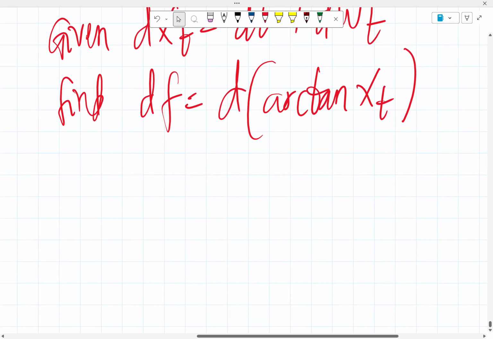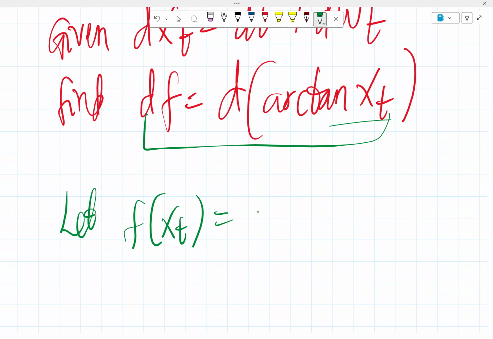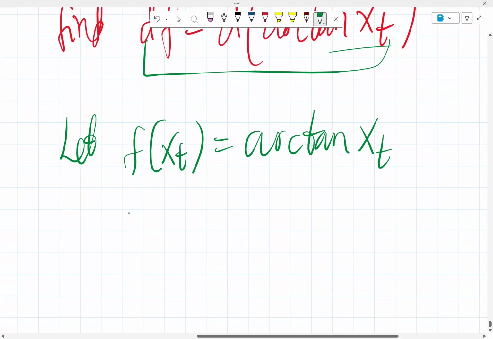So I just go ahead and say let. Anything you are given here gives you an idea of what f of xt should be. So let f of xt be arctan xt. That's what we should take f to be. Then we get the derivatives. So we have fx. Differentiate arctan xt the first time.